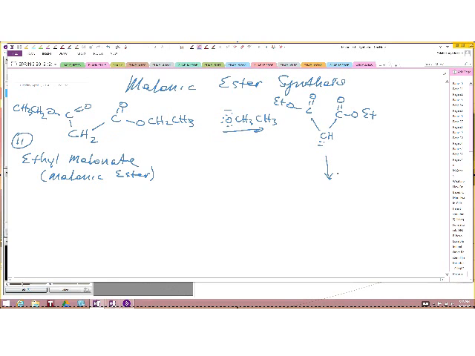Now if I dump in an alkylating agent, say I use this here, what do I get?